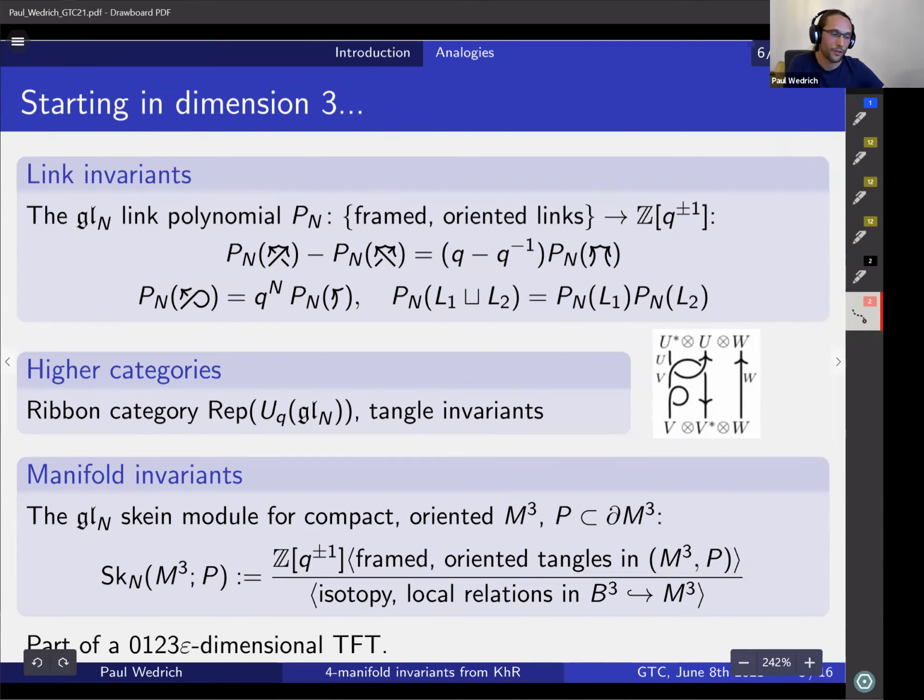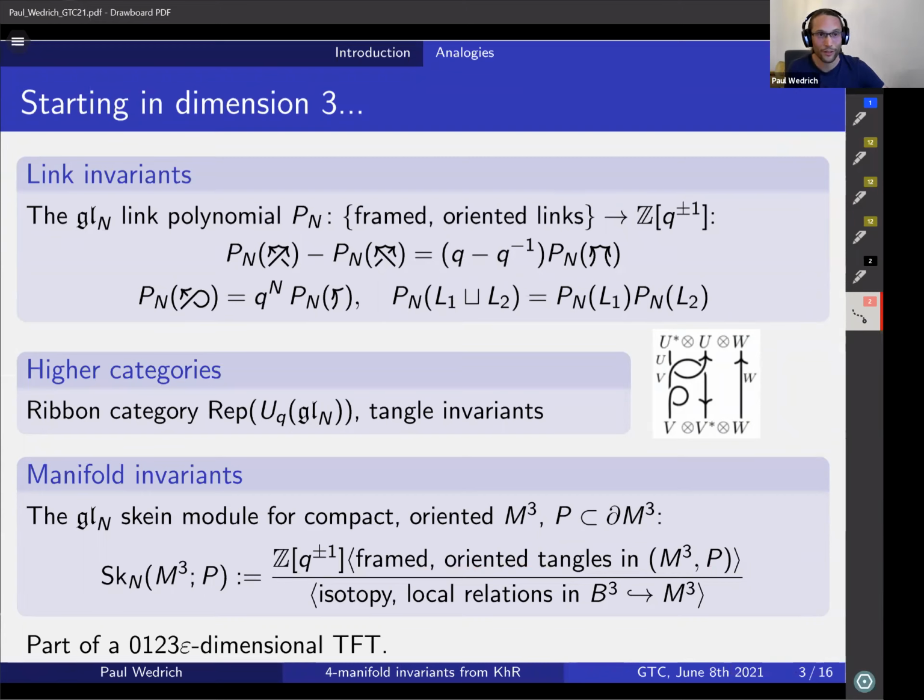Whenever you have a ribbon category, you can form a skein module for oriented 3-manifolds. So let's take such an oriented 3-manifold M^3, and we may also choose a set of points in the boundary. Then one defines the skein module of M relative to the set of boundary points by first constructing a free module over the ring of Laurent polynomials in q, spanned by framed oriented tangles embedded in the 3-manifold with the prescribed set of boundary points.